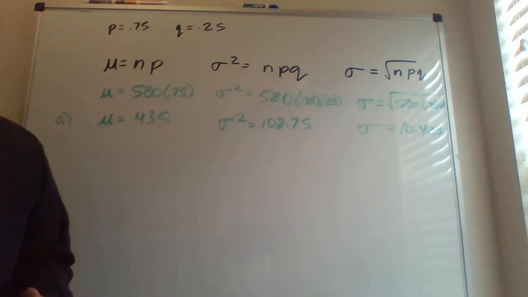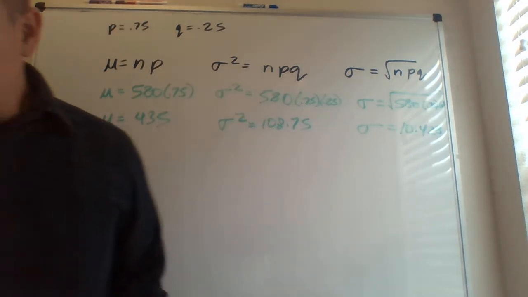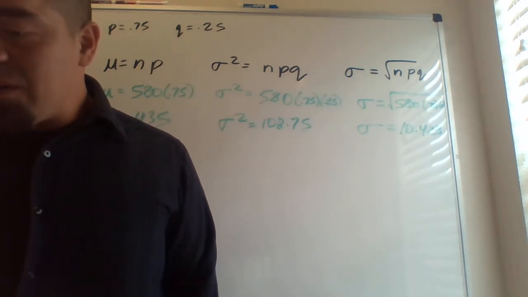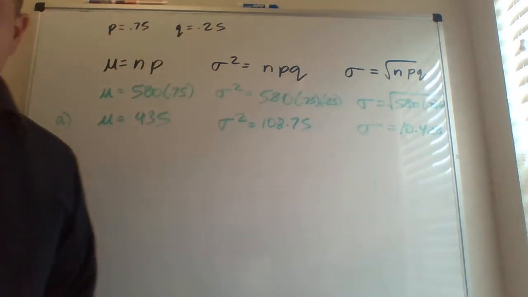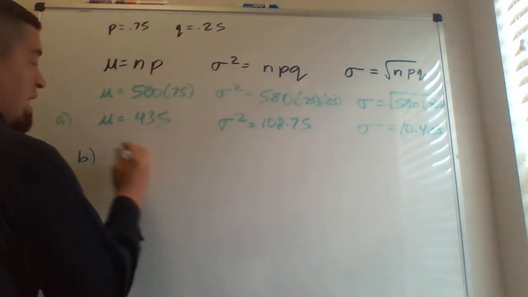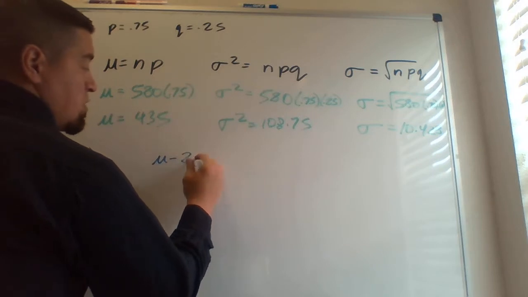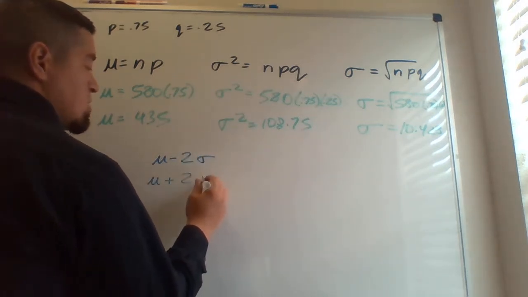B says to use the range rule of thumb to find the number of peas with green pods that separate significantly low and significantly high values from values that are not significant. We learned in class that significantly low would be mu minus 2 times the standard deviation, and significantly high would be mu plus 2 times the standard deviation.